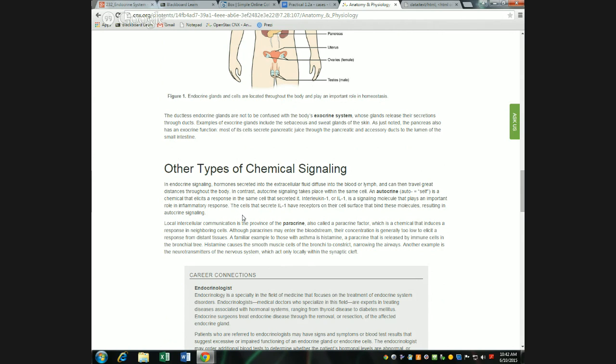And it makes gastrin, which will tell those glands to make more stomach acid and other digestive juices to make the stomach digest the food faster. The cells that make gastrin are sensitive to gastrin. So when they make gastrin, they basically tell themselves to make more gastrin. And that's an autocrine function.